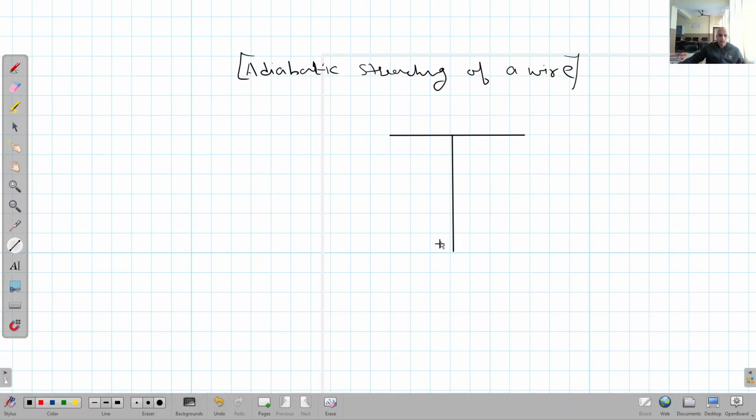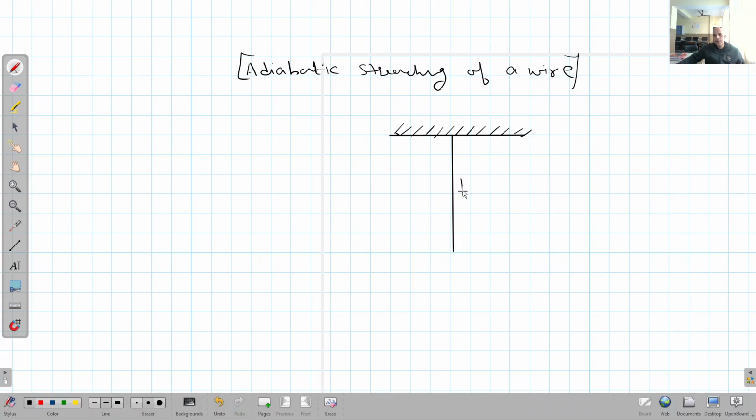Right? So this is the wire that is hung from a fixed rigid support. This is the rigid support for hanging this wire.